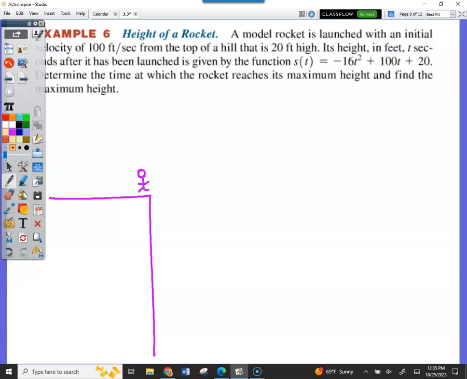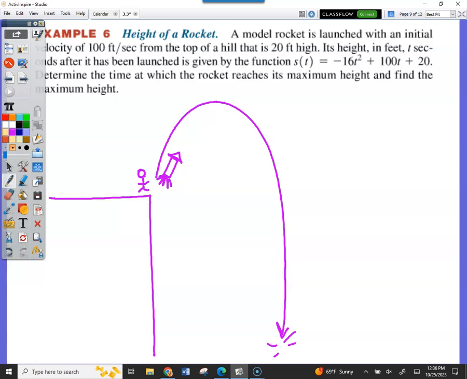All right, we have a rocket. He's sent it off into the air. You still with me? The rocket is going to go off into the air, and then it's going to hit the ground. Nice rocket.